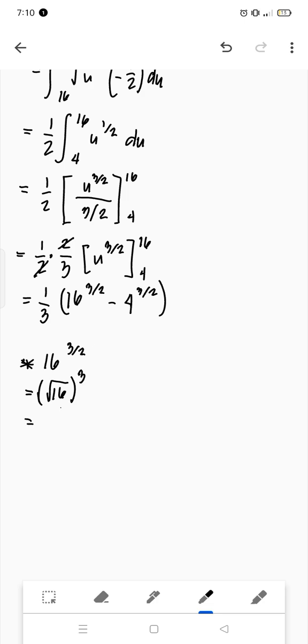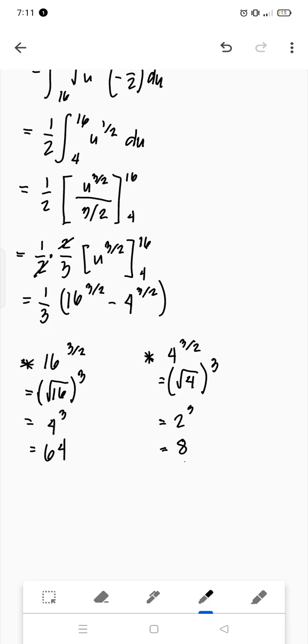The square root of 16 would be 4 cubed, and then the answer for that will be 64. And as for our 4 to the 3/2, it will be the same process, which is the square root of 4 cubed, or 2 cubed, which is 8.